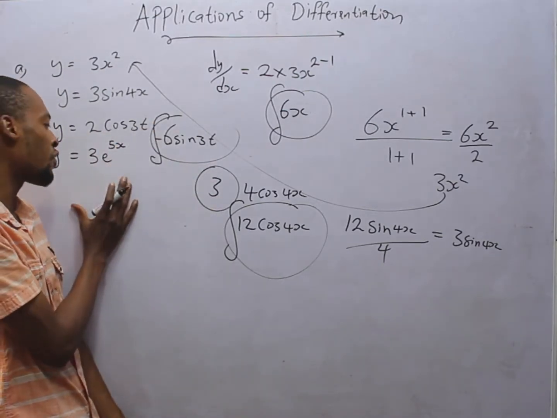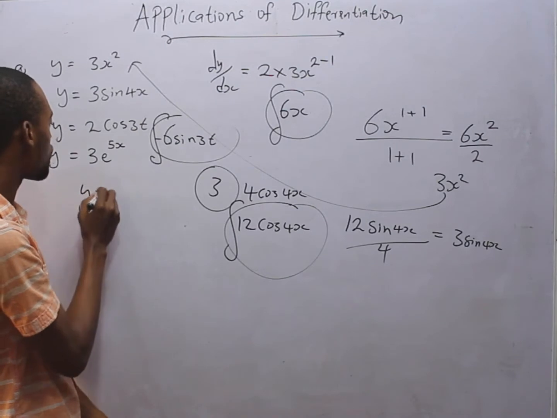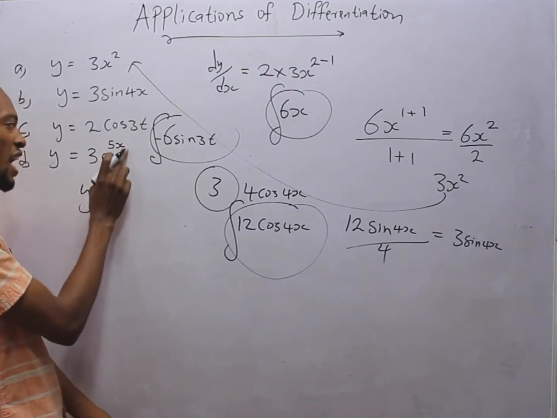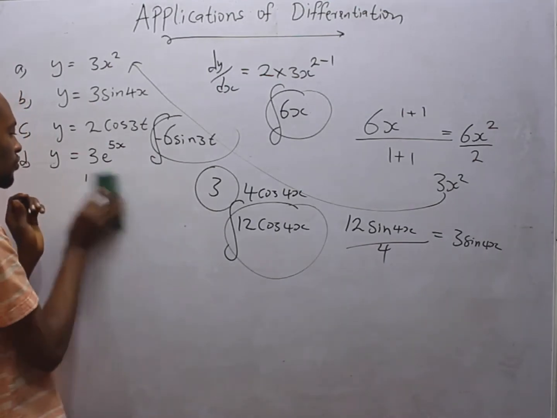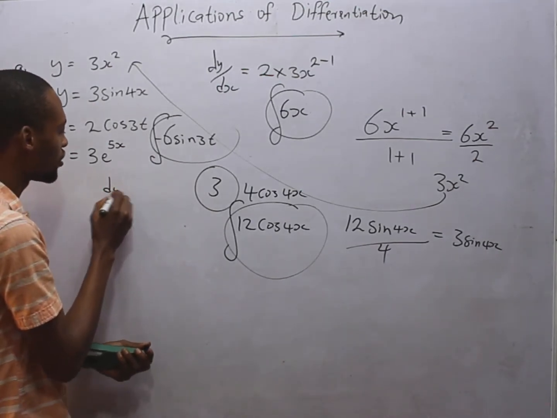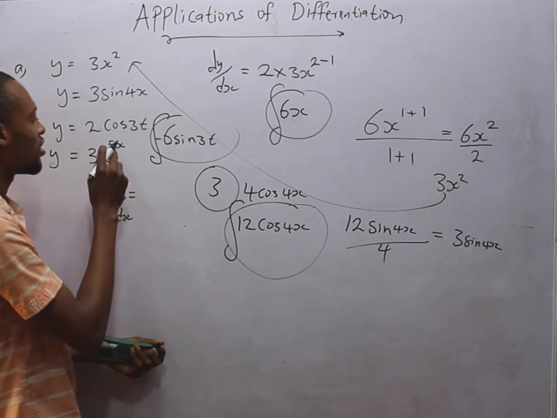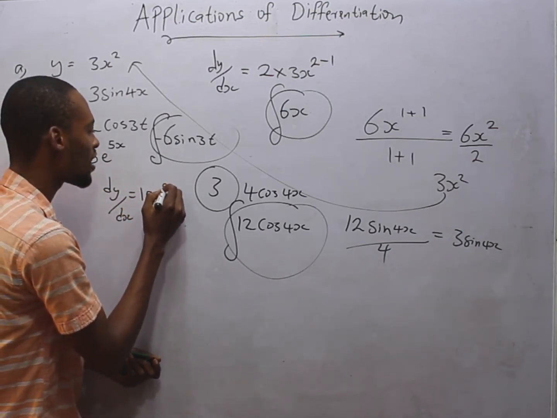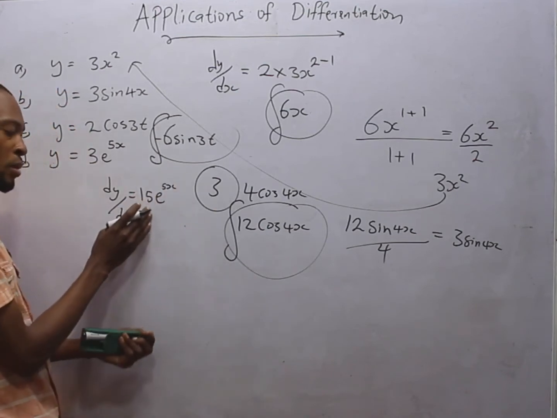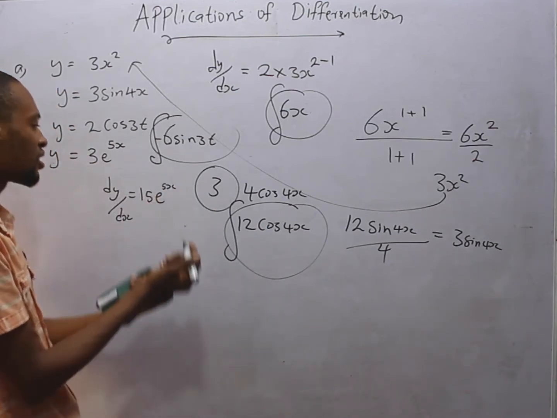Then for exponential function, if y is equal to 3 exponential 5s, dy/ds is equal to 3 times 5, 15. So 15 exponential 5s. You simply multiply by the power. How about integration?